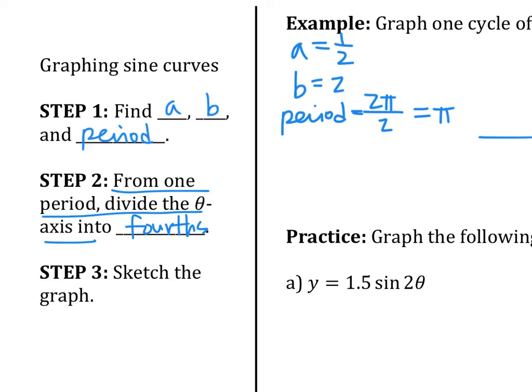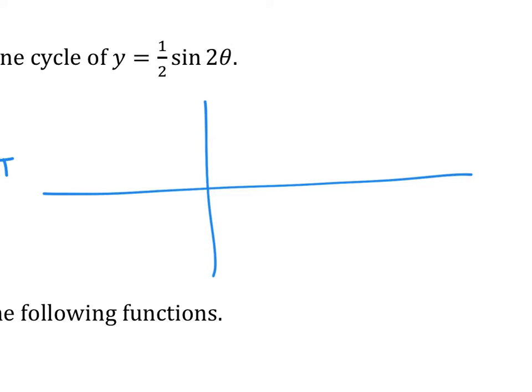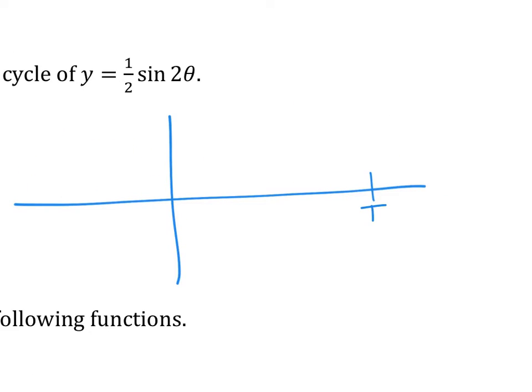Okay, so we are going to draw where one period should be and then divide this axis into fourths. Okay, so let's look at it. So this is a normal sine graph, so this tells us that our period is what, pi. So we're going to draw pi here. That is one period. What we're going to do is we're going to divide this into fourths.